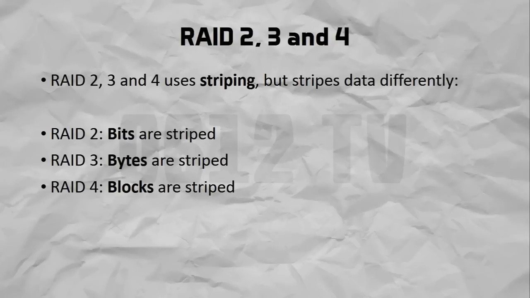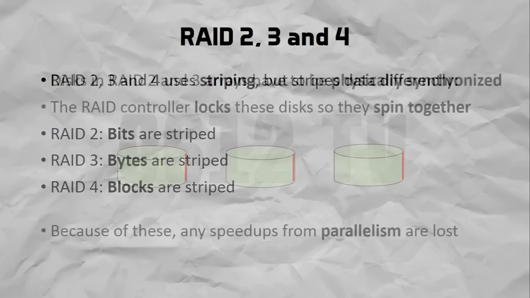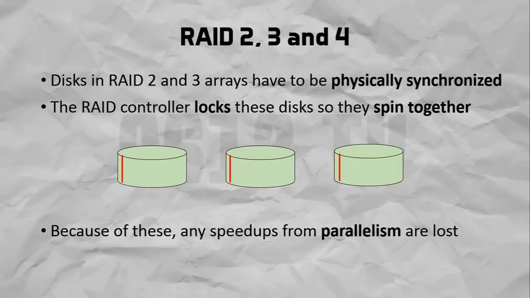You see, because of the way data is actually striped on RAID 2 and 3, the arrays have to be physically synchronized. What this means is the spindles on these hard drives are actually spinning together in tandem. One disadvantage of doing things this way is that, well, you no longer get any speedups from parallelism.